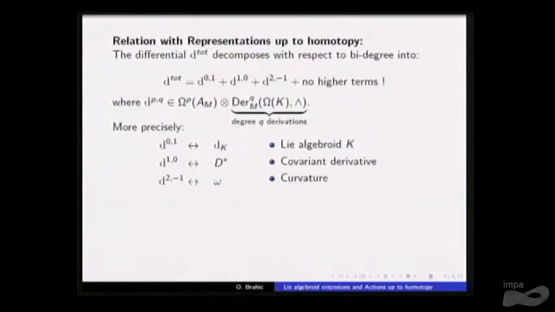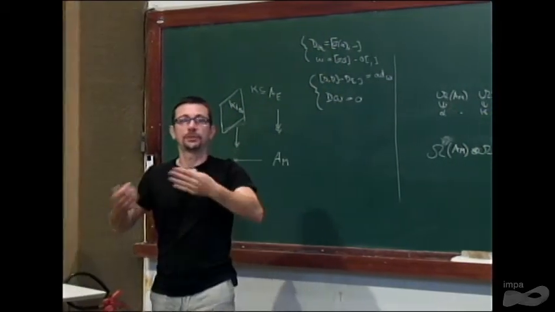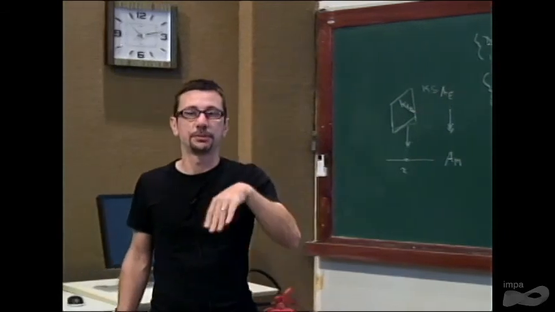The second term raises the degree of forms on the base and keeps the other degree, giving you a derivation of degree 0. So it is obviously related with the covariant derivative. In fact, it's essentially the dual of this operation: you pass to K-forms on K, I mean, just what is induced on sections.